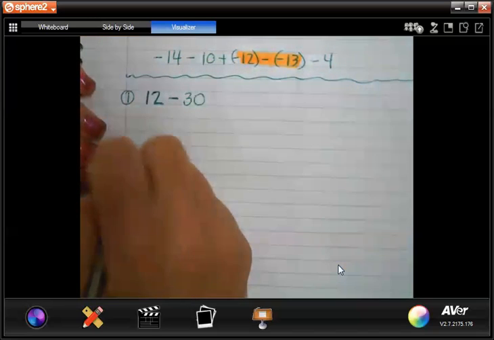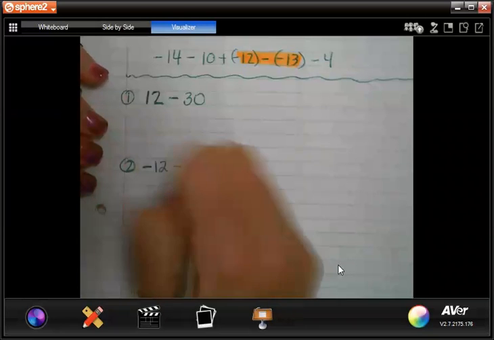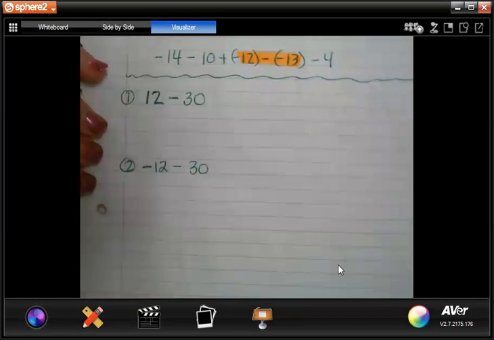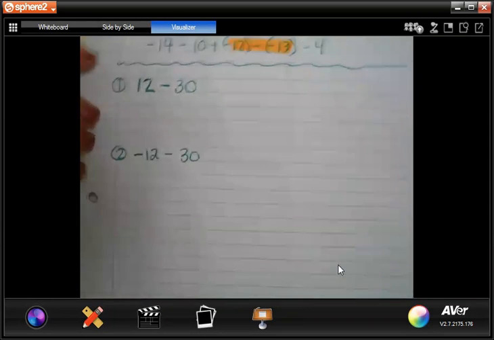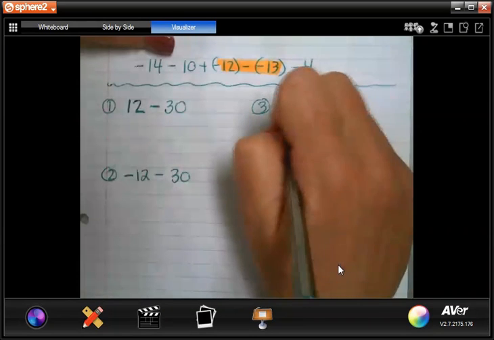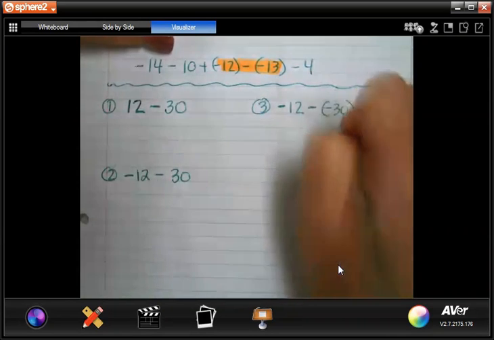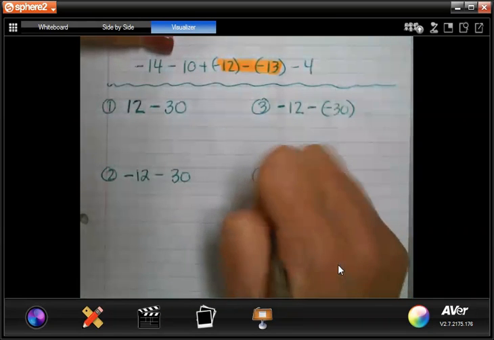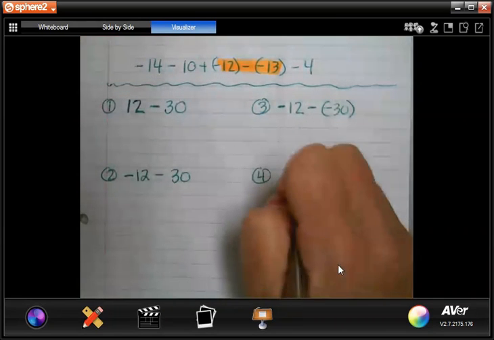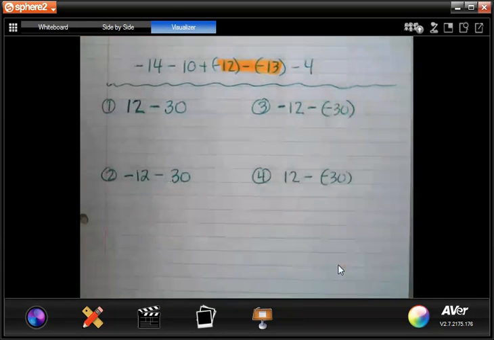The second one is -12 minus 30. The third one is -12 minus -30. And the last one is 12 minus -30. All right, so please write those down.